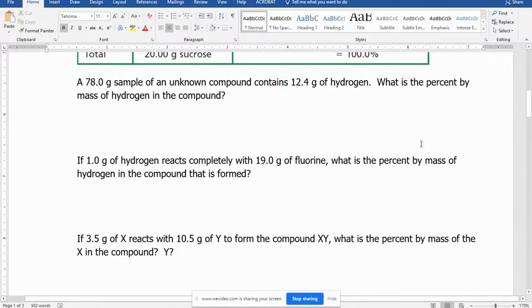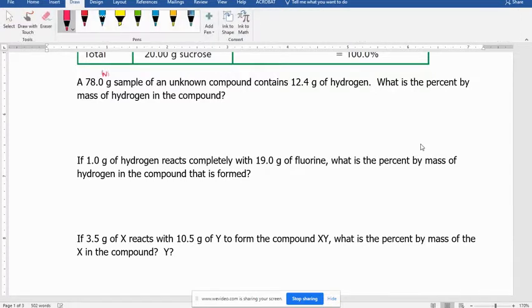So for our first problem here, we've got 78 grams of an unknown substance. So that's going to be our whole. And this is going to be our part. So we're trying to figure out the mass of the hydrogen in there. There's other stuff in there too. We just don't know what that is, but they're only asking us to be concerned with the hydrogen. So that's really the only part that we need to know about as long as we have the whole amount. So 12.4 is our part.